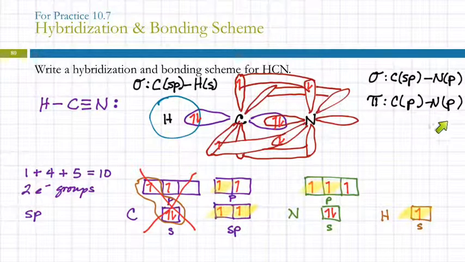Carbon's using a p orbital, nitrogen's using a p orbital. So there are three different kinds of bonds. There's the sigma bond between carbon and hydrogen. There's a sigma bond between carbon and nitrogen. And then we have two pi bonds. Because those are the same kind of bond, we don't necessarily have to write another description, although if you wanted to, that'd be fine.